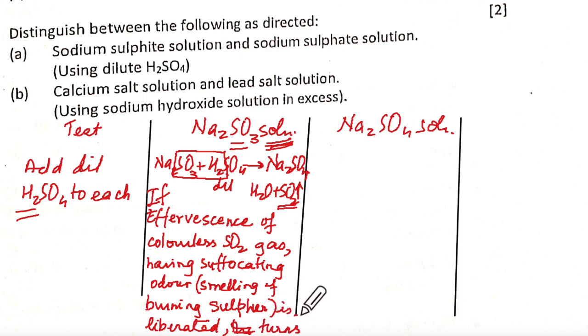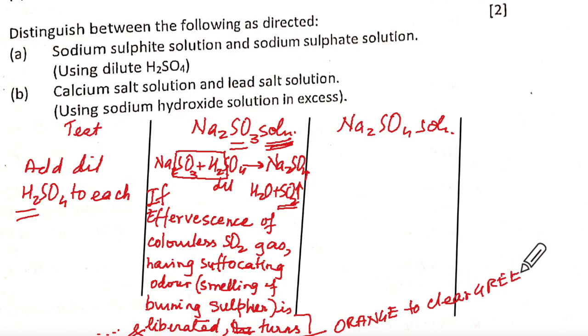Lime water milky, and acidified potassium dichromate K2Cr2O7 from orange to clear green.